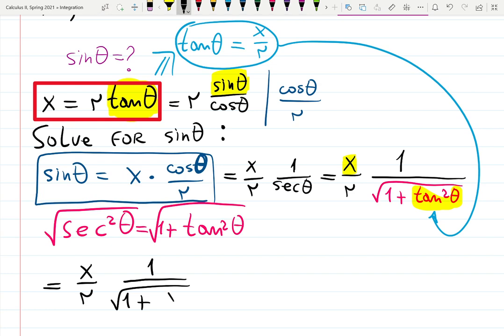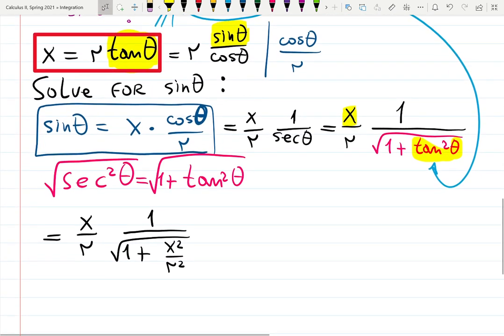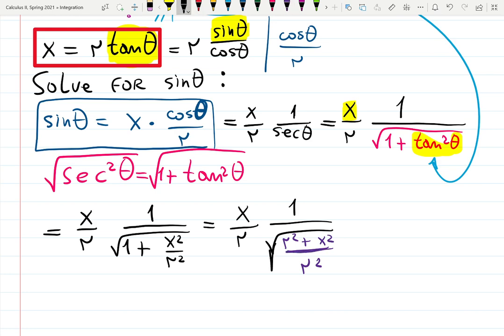So 1 plus x squared over r squared, because tangent, you see, is x over r. Okay, we can also simplify that, and we should. Let's create a common denominator because it doesn't look nice. So it's going to be r squared plus x squared inside of the square root.